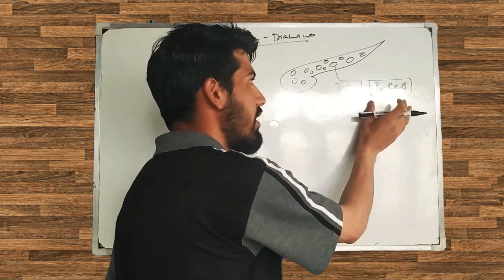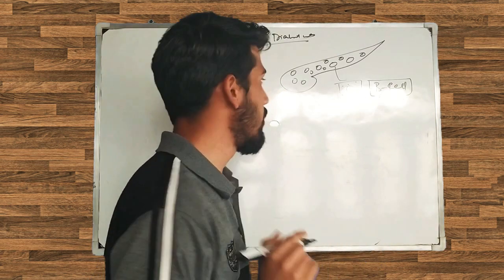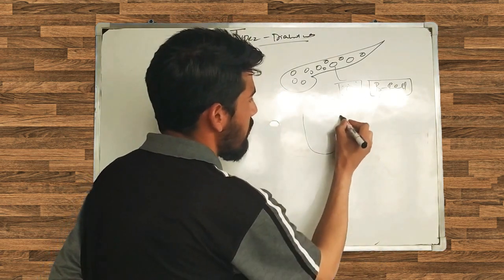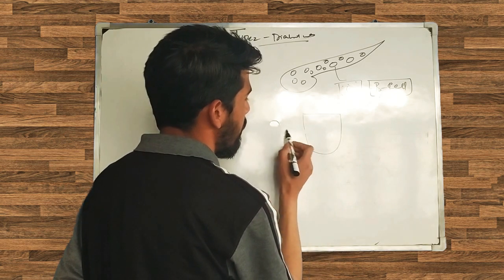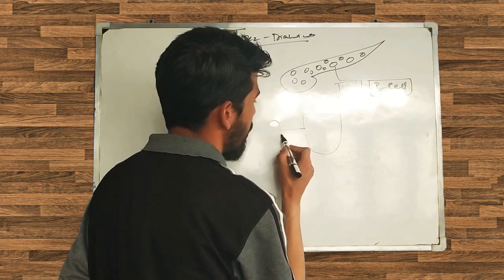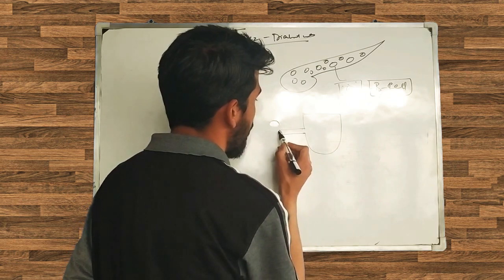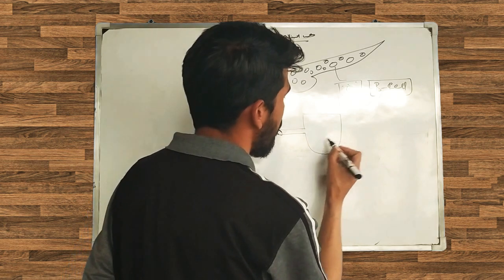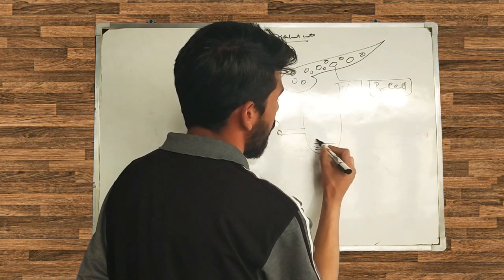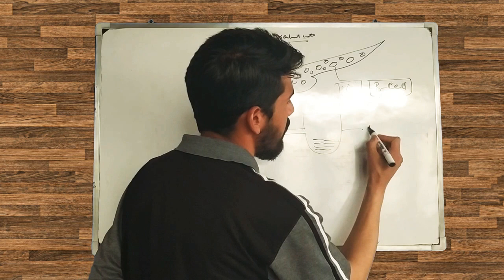First of all, we understand what the job of the beta cell is. This is the channel where the blood is coming. This is a beta cell.